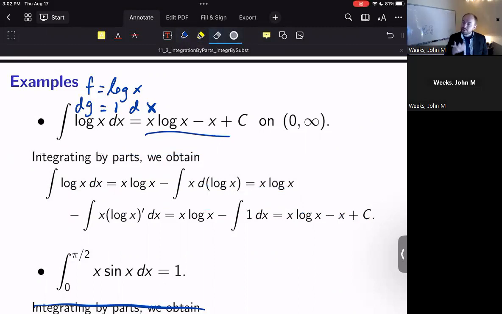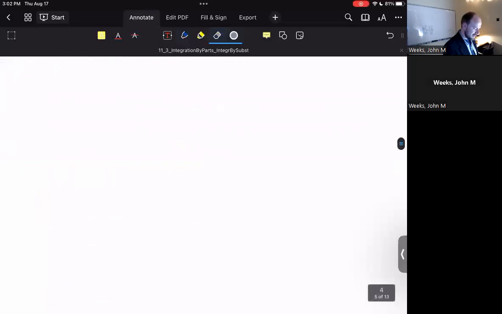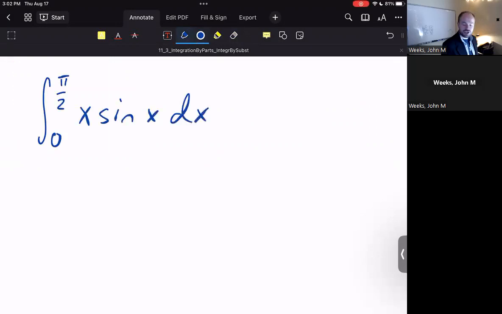Now, one thing to make sure that we're careful with whenever we apply integration by parts, it comes up with the second integral here, going from 0 to pi over 2 of x times sine of x dx. And the question is what am I going to do with this integral? What am I going to choose as my f? What am I going to choose as my dg?